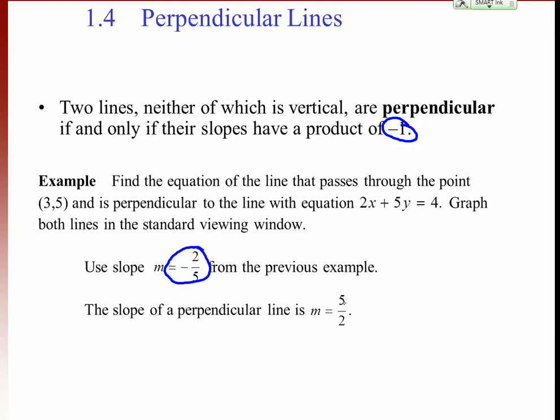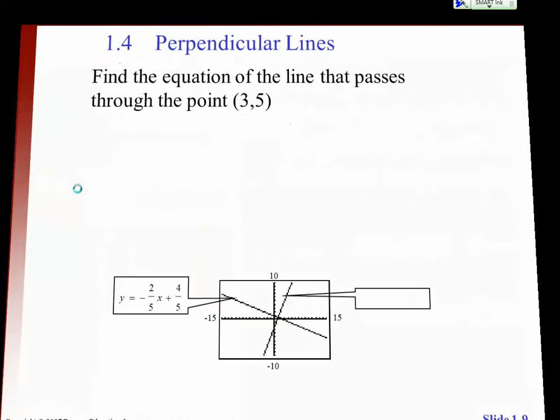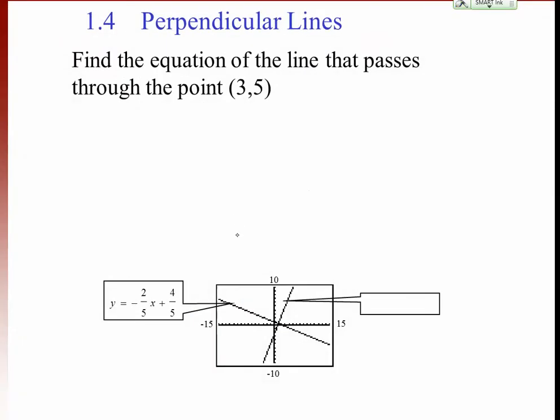If we flip that fraction, we get 5/2, and we change the sign, make it positive. So the slope of the perpendicular line is 5/2. We want to find the equation of a line that has this slope, 5/2, and goes through this point, (3, 5). Okay, so it's just like we've been doing before.